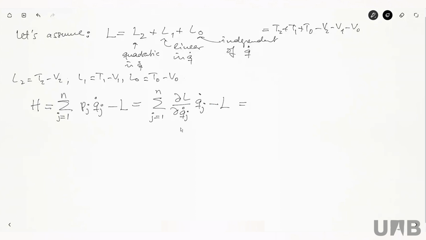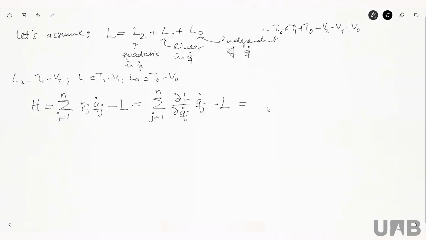But now I'm telling you what the Lagrangian looks like, right? It has a quadratic term in q dot, a linear term in q dot, and a term independent of q dot. Can I write what this is going to look like in terms of L2, L1, and L0? Who can tell me?